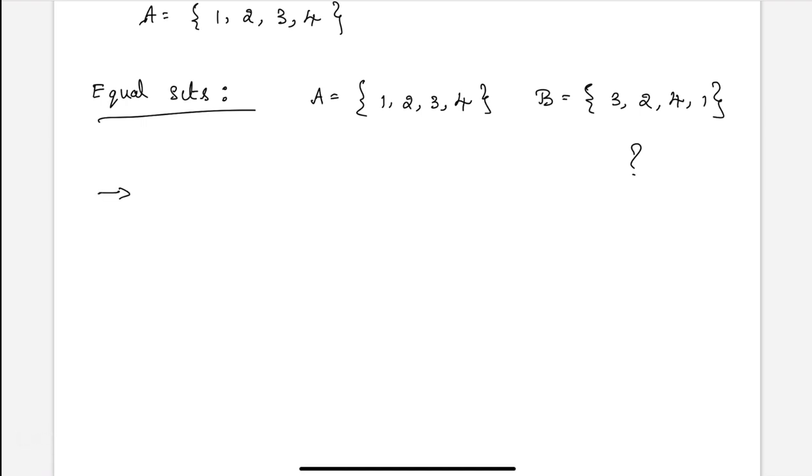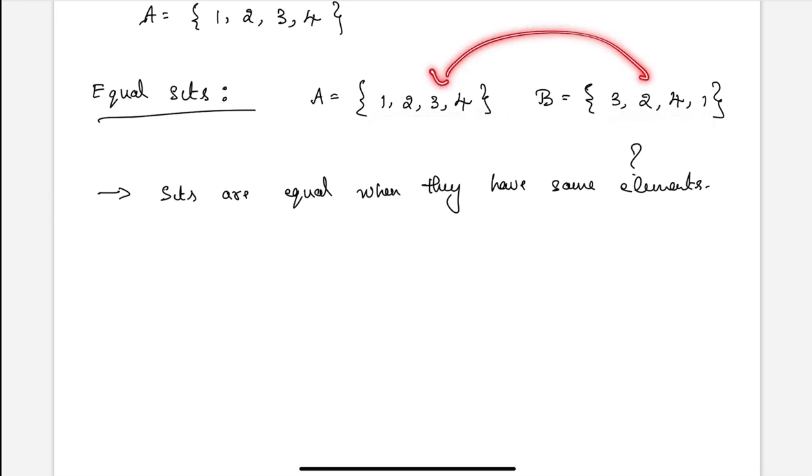Two sets are said to be equal when they have the same elements. From here you can see that the ordering in the set doesn't matter.